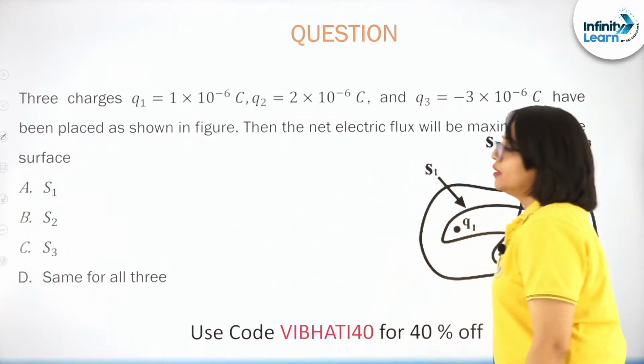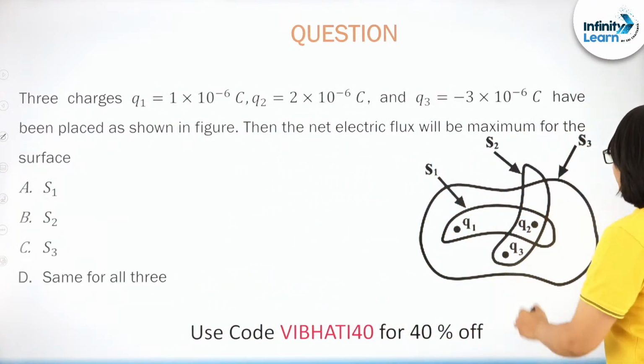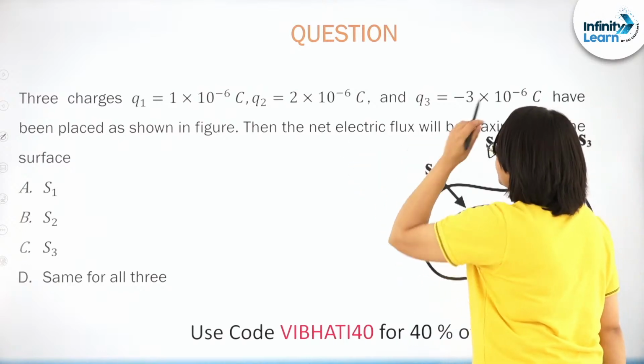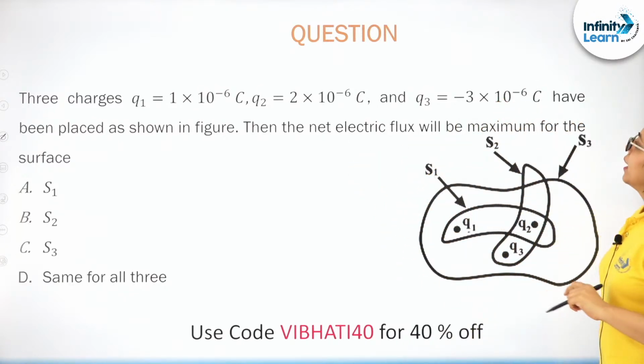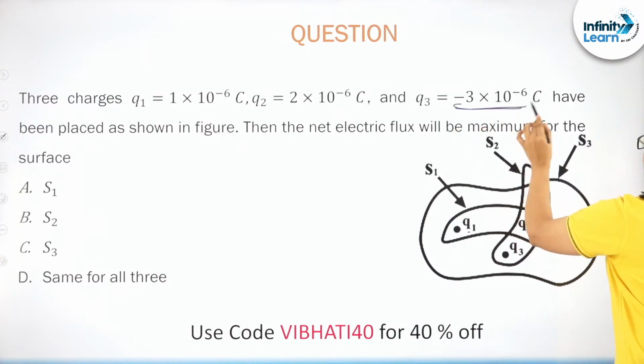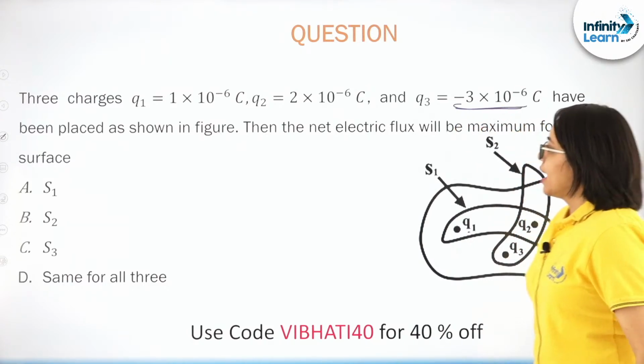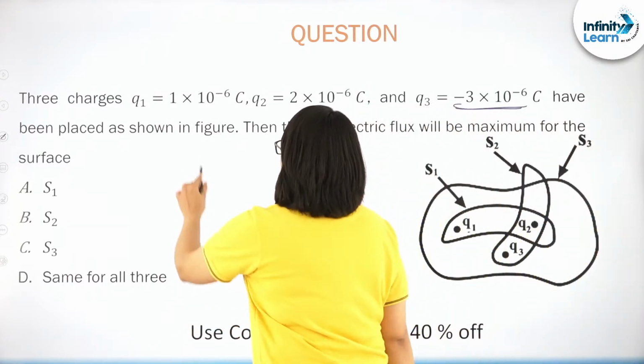Next, we have three charges. Q1 is 1 into 10 power minus 6 coulomb, Q2 is 2 into 10 power minus 6 coulomb, and Q3 is minus 3 into 10 power minus 6 coulomb, placed as shown in the figure.